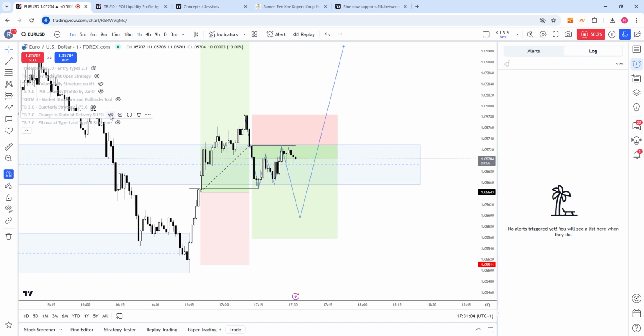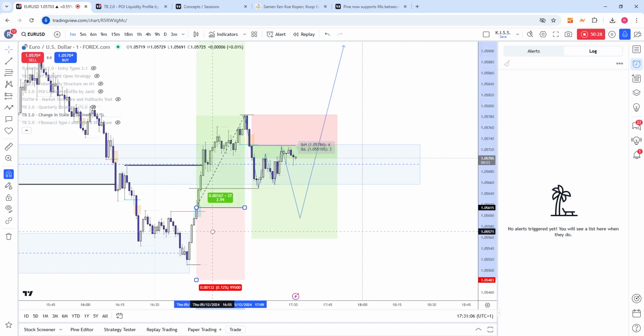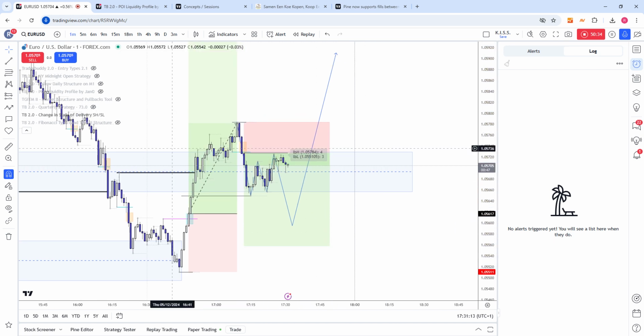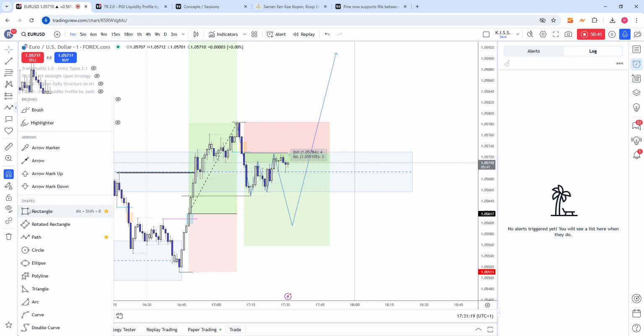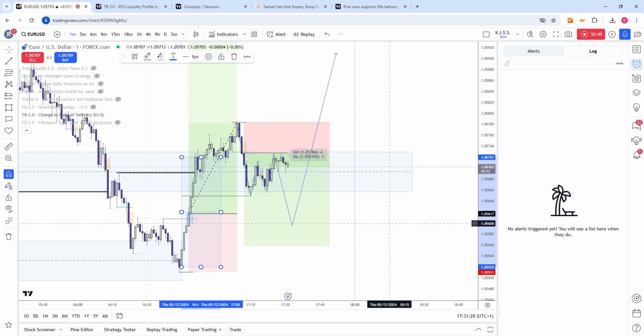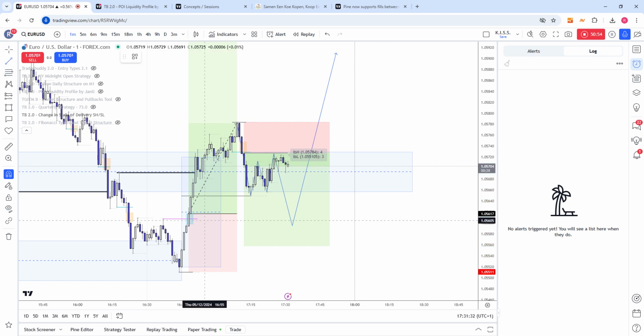Where was our change state of delivery? This was our other setup. We have the 50% of, where is it? This one, this one. Yeah, that's the same level. So this is a very sensitive level over here.